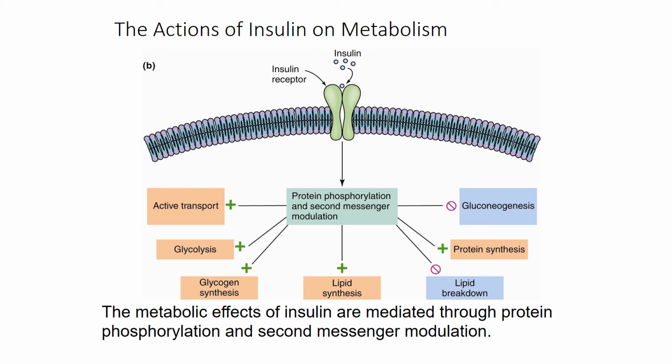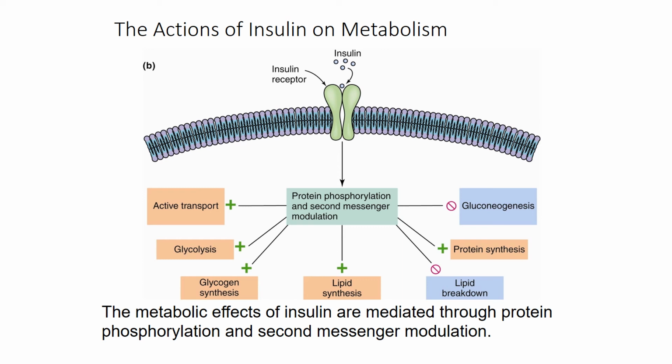Now let's take a look at how insulin affects these processes or the metabolism in general. So insulin is secreted when we take in glucose. Okay, so we've got high glucose concentrations. So insulin is going to signal our cells to run glycolysis, run glycogen synthesis, lipid synthesis, and protein synthesis.